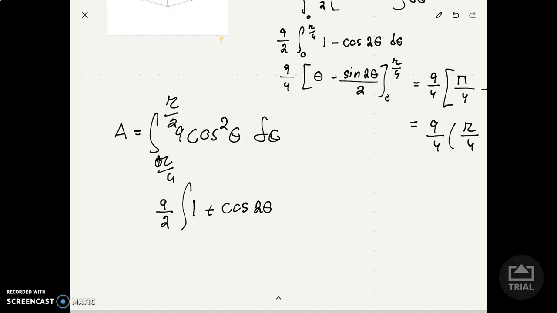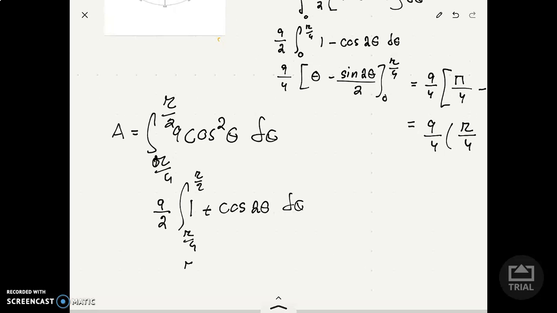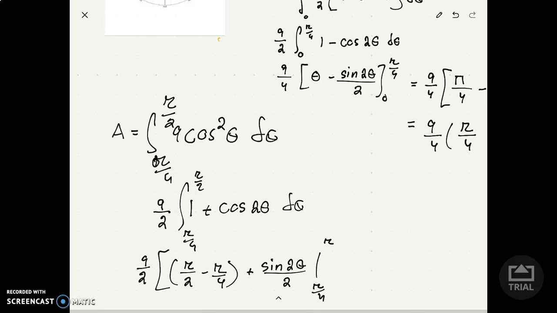Integrating that, we'd get pi over 2 minus pi over 4 for the 1 term, and all of this is still 9 over 2. And then the cosine of 2 theta integrates to sine of 2 theta over 2, from pi over 4 to pi over 2.